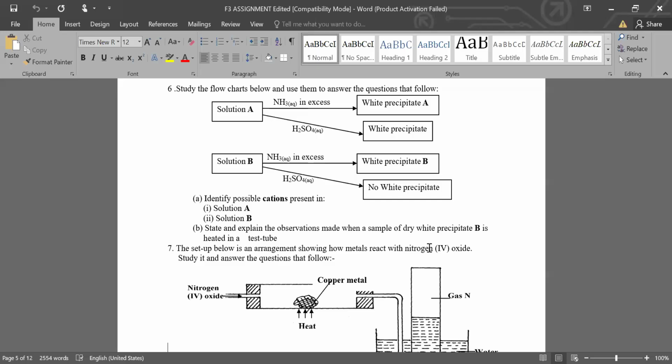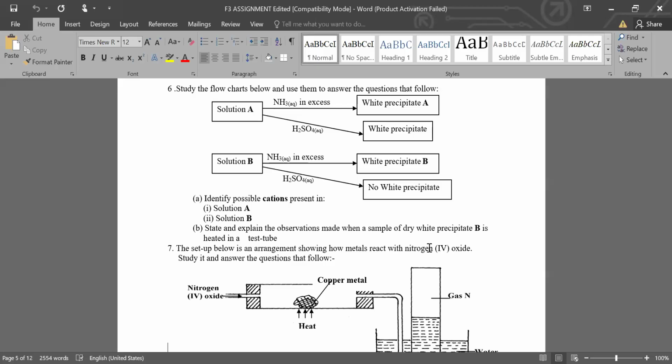This time, when dilute sulfuric acid is put, there will be no white precipitate. Therefore, it will not be lead, because lead will form lead sulfate, which is a white precipitate.